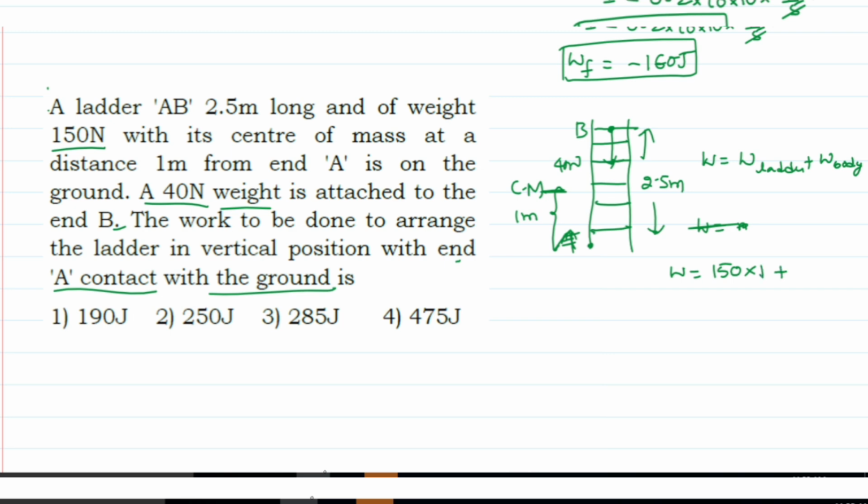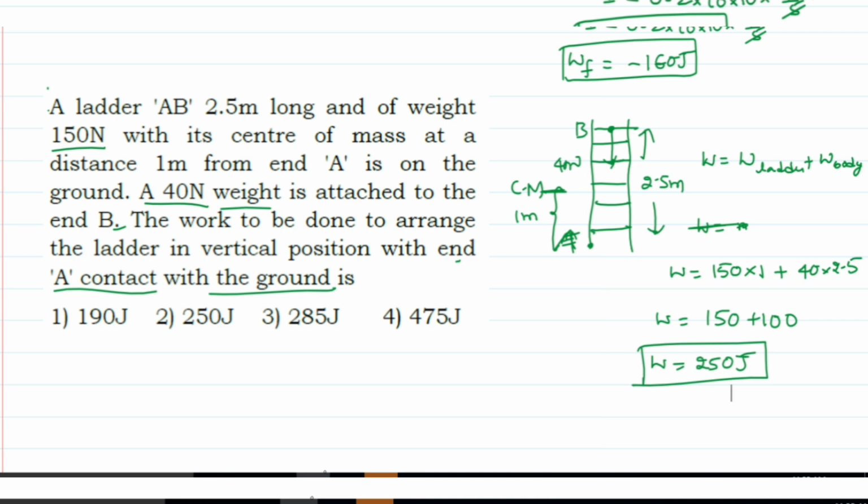Work done on the body is W equal to mg into the height up to which you are keeping the body, 2.5 displacement. So total work done is 150 plus 40 into 2.5. 40 into 2.5 will be 100, so together it is 250 joules. So total work done value here will be 250 joules.